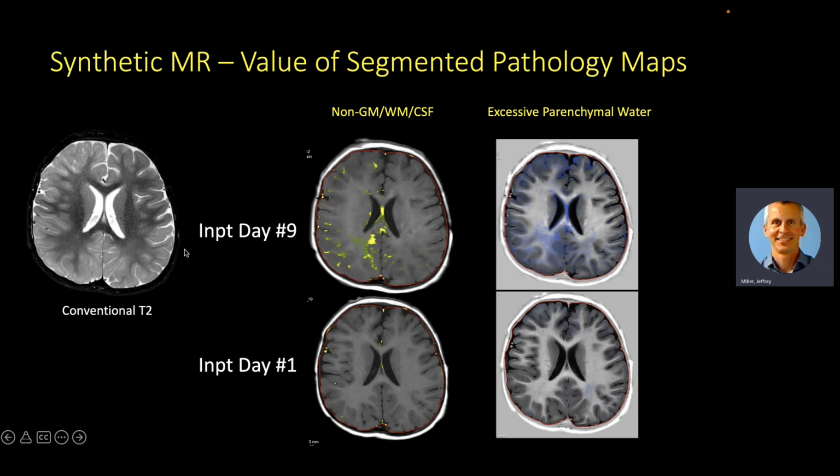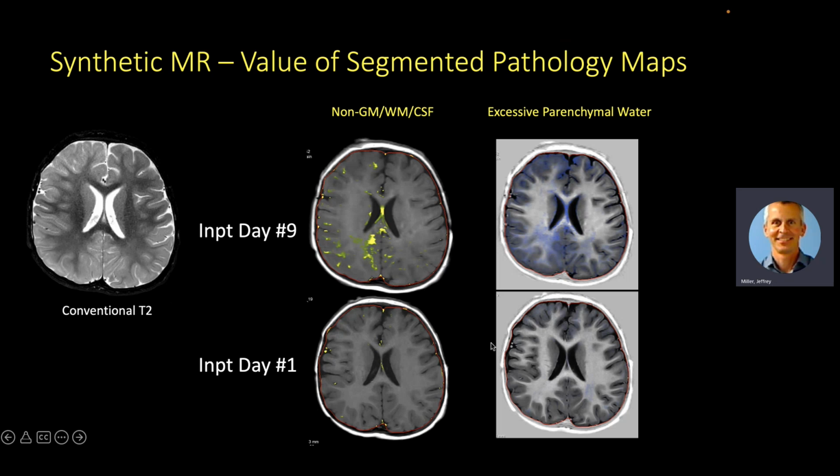Here you see the conventional T2 done on day 9 of his stay, as well as the abnormal tissue image and the map of excessive parenchymal water, aka the edema map. Looking at these synthetic MR maps, the location and the extent of the findings is much more apparent.